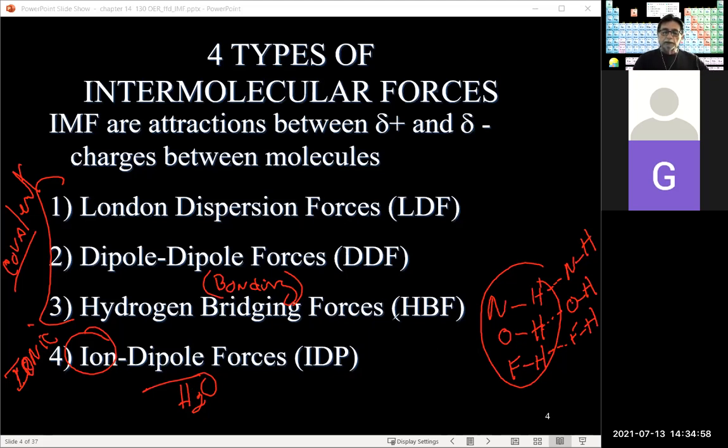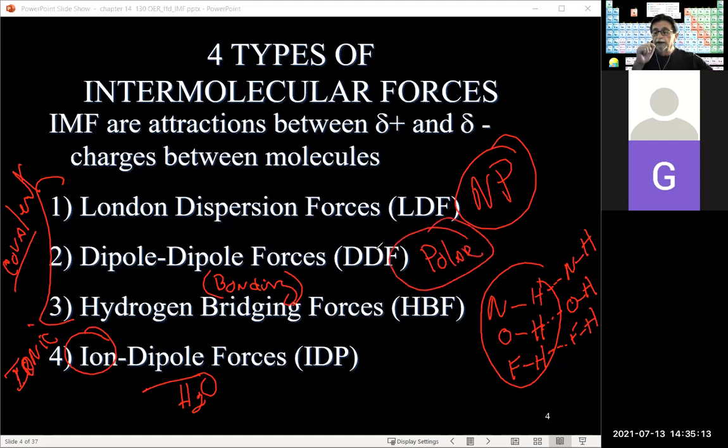All right, so let me rehash a little bit. London dispersion forces are the weakest. All non-polar molecules have nothing but London dispersion forces. Polar molecules have dipole-dipole forces, okay?